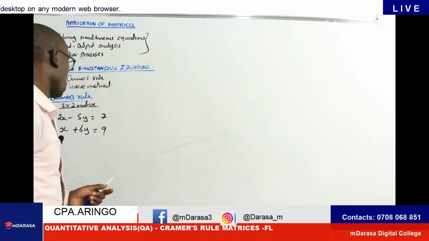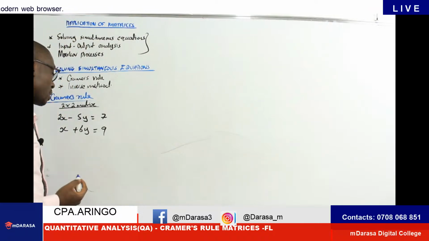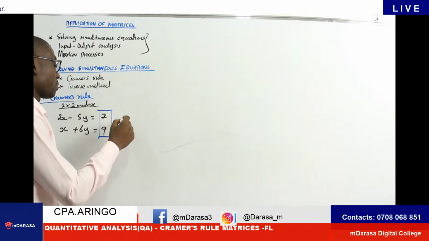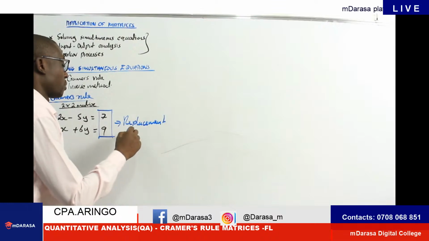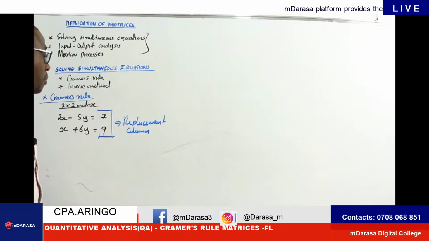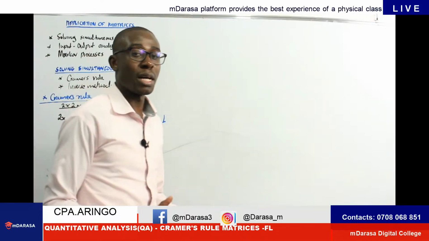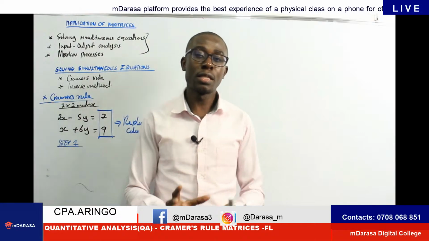So in Cramer's rule, what I want us to focus on and understand is what we term the replacement column. That's the first thing that you need to understand. So step number one in solving this case, my good students, we need to determine what is known as the base matrix.